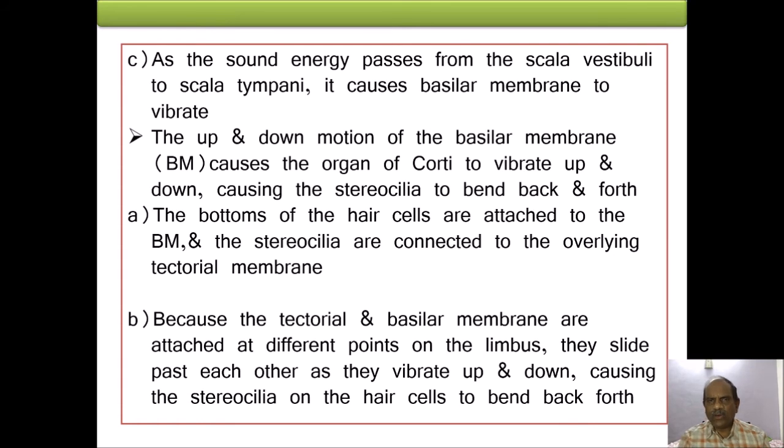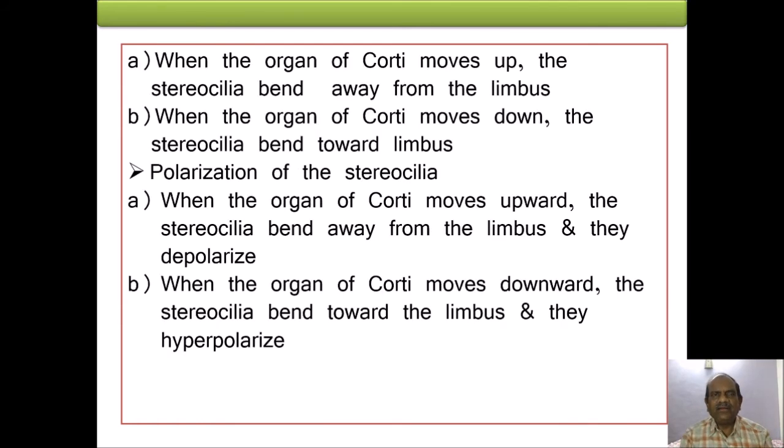causing the stereocilia on hair cells to bend back and forth. When the organ of Corti moves up, the stereocilia bend away from the limbus. When the organ of Corti moves down, the stereocilia bend towards the limbus. What is that? I will just explain.